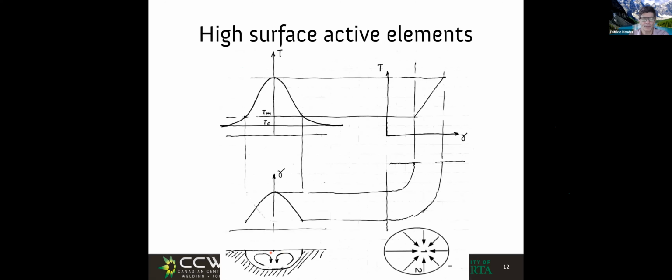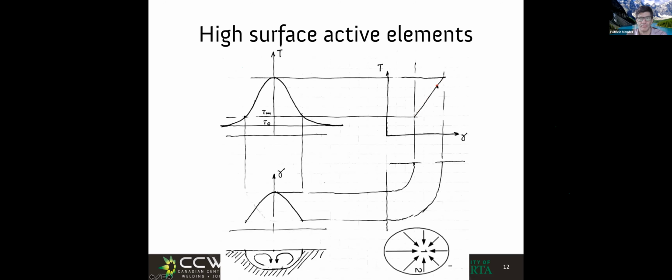Let's look at the opposite. Same temperature distribution that comes from our equations. But let's say now that we have a metal that has some amount of oxygen or some amount of sulfur. Then we would see that the surface tension, that in this case is in the horizontal axis, increases as I increase the temperature, right?